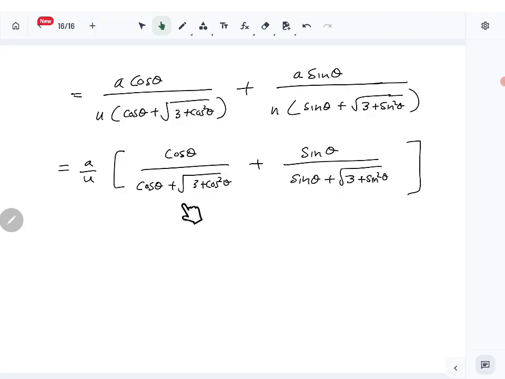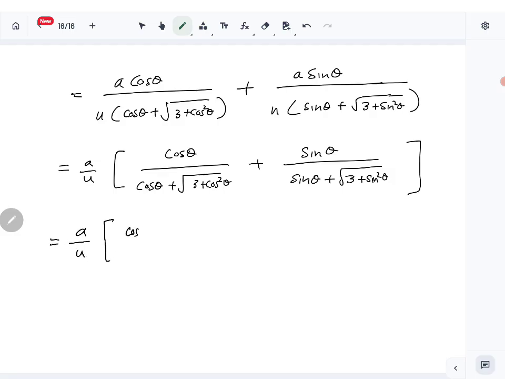So here I have to make this denominator into 3 in both of them. If you take a common denominator of these two, it just becomes a complicated expression. But if I multiply by the conjugate of each of these, then I can create 3, because the cos squares and the sine squares will cancel out.